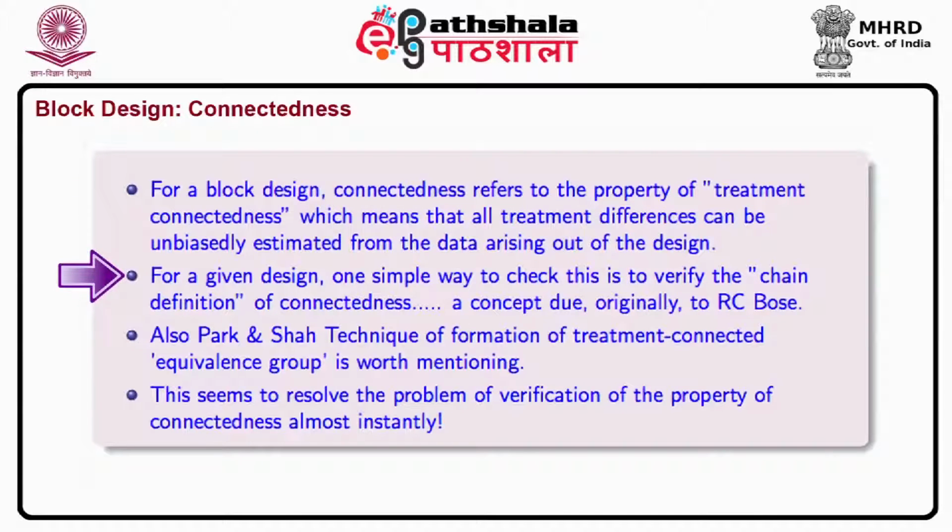For a given design, one simple way to check this is to verify the chain definition of connectedness, a concept due originally to R.C. Bose. Also, there is a later technique by Park and Shah. Their technique of formation of what is called treatment connected equivalence groups is also worth mentioning. This seems to resolve the problem of verification of the property of connectedness almost instantly for any block design.